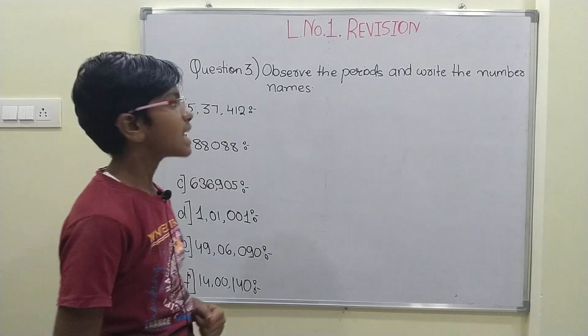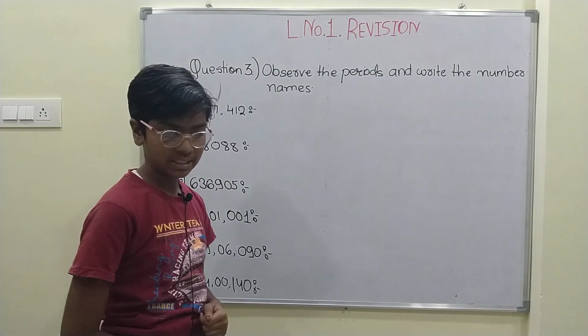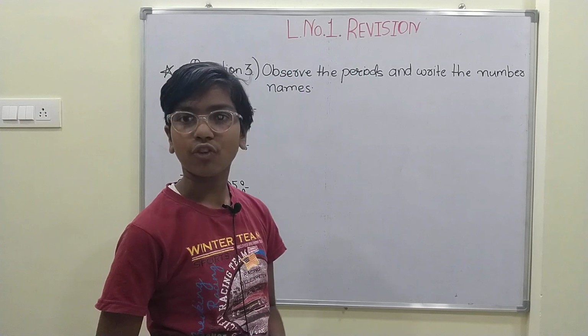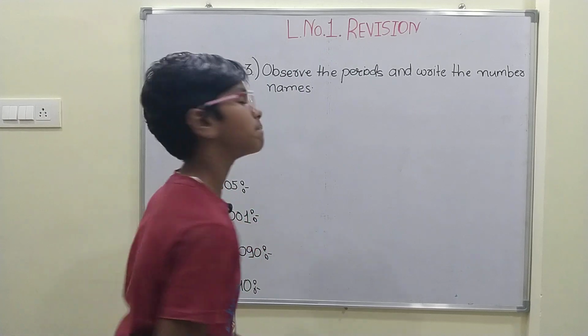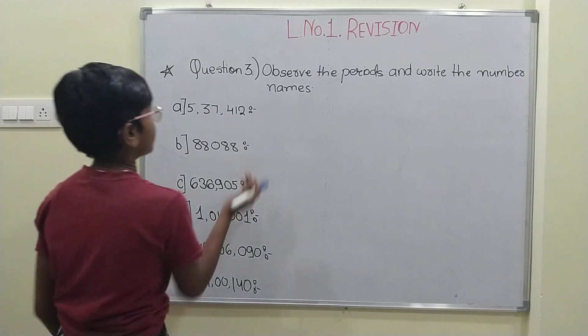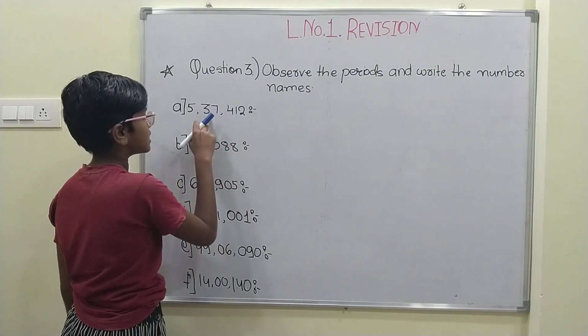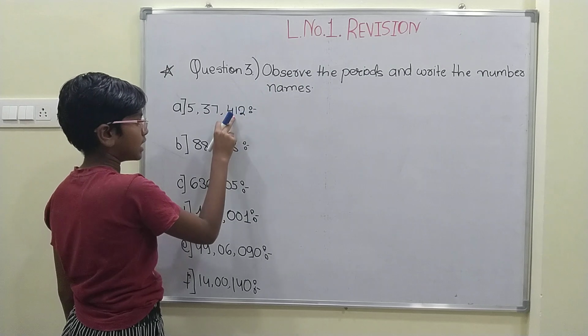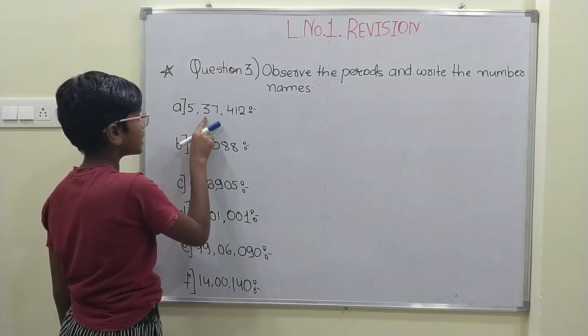Observe the periods and write the number names, which is the third question given for the first lesson revision. Now, how will I write this number? This is ones, tens, hundreds, thousands, ten thousands, lakh.